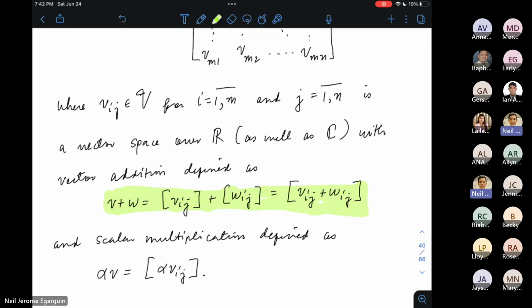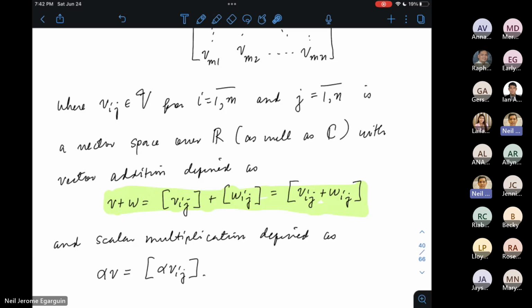Medyo may misnomer pala, no? Kasi rito ay tinatawag ko rin na vector yung matrices, kasi ang set of all matrices ay isang example ng vector space. So siguro if that's the case, then I will simply call it a matrix. So si V at W, sila ay mga matrices, pero dahil ang set of all matrices ay isang vector space, pwede ko rin silang tawaging vectors.